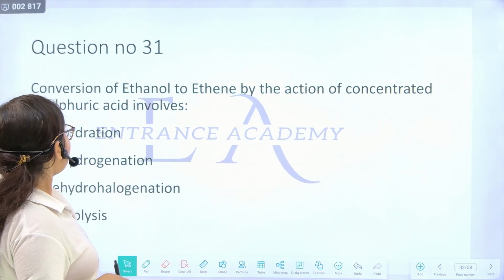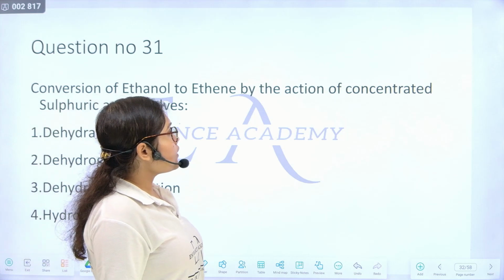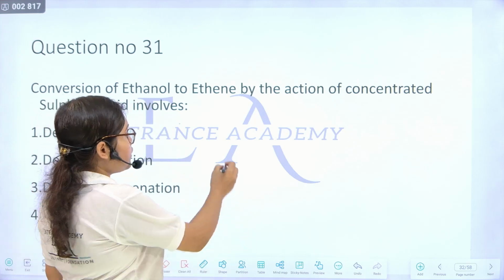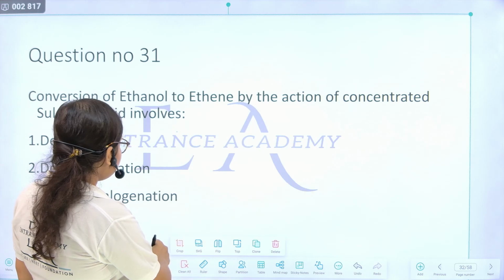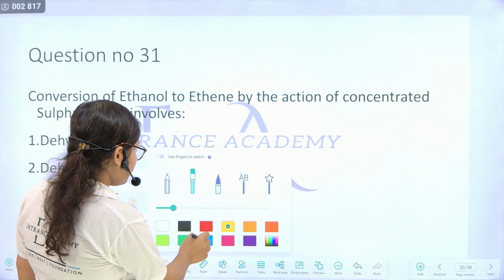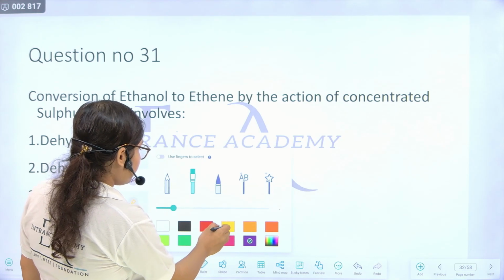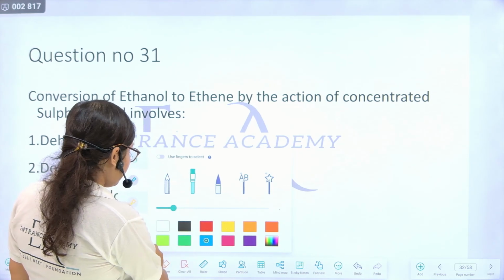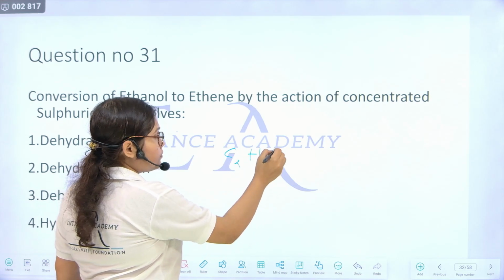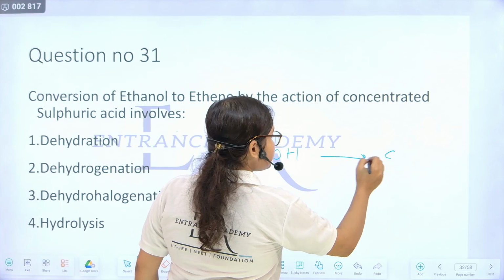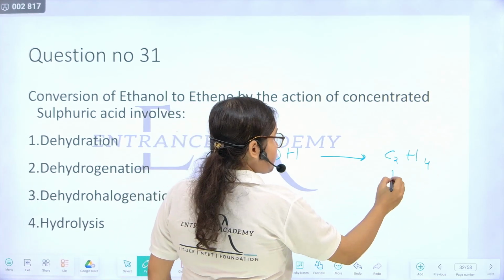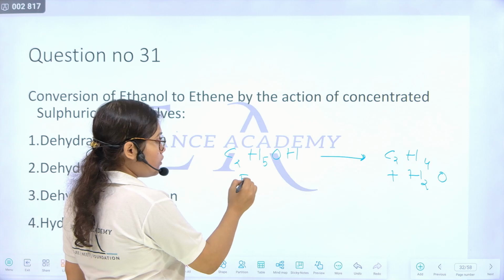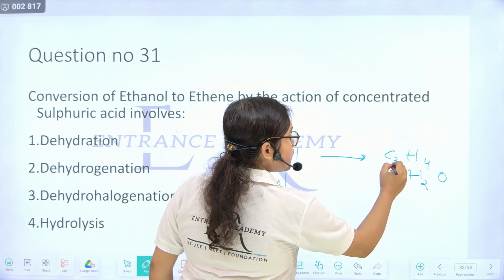Next is question number 31. Conversion of ethanol to ethene by the action of concentrated sulfuric acid involves... This is the conversion of ethanol to ethene.